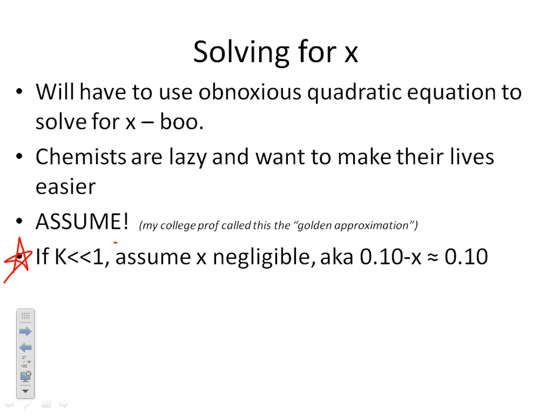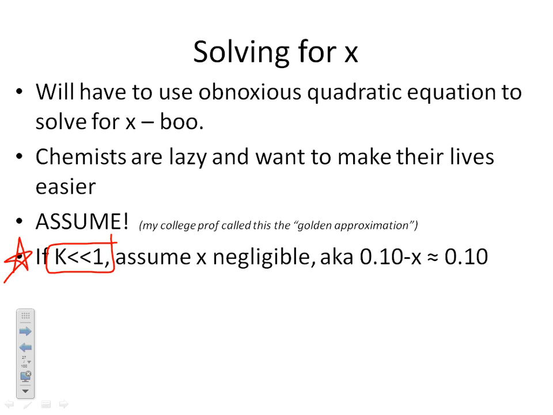If your K value is significantly less than 1, which 2.19 times 10 to the minus 10th, yeah, I'd say that's significantly less than 1, that is saying that the amount of product you have in comparison with the amount of reactant you have is very, very small, right? Products over reactants.